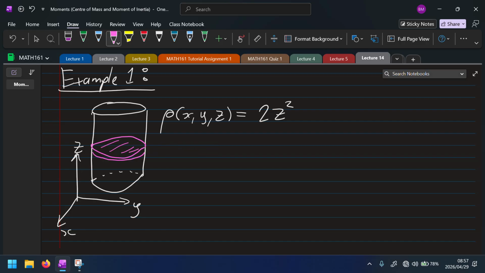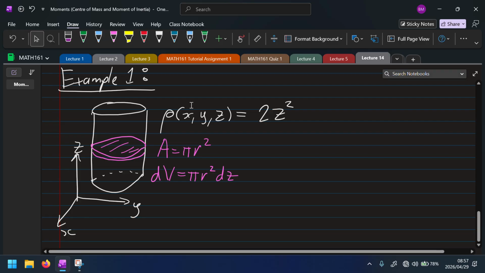That was the cross-sectional area. So it had the area pi r squared. And if we wanted the volume of this thing, we would have dV = pi r squared dz, right? Because we're stacking them along z. We'd write it like that.